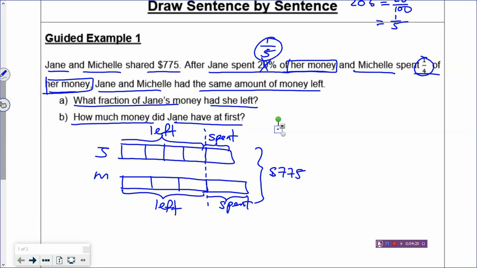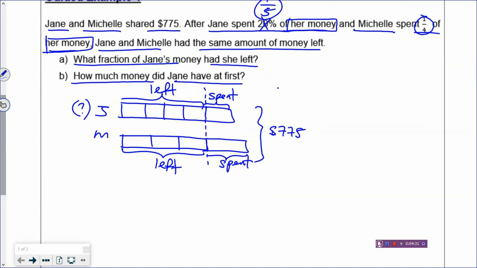But if you don't want to clutter the drawing, then I can also do this. It's very flexible. How you want to label is up to you. If you don't want to make the model drawing look messy, then you just put the question mark at the side. But of course, be sure you know what this question mark is referring to, which is Jane's money at first. And the model is done.